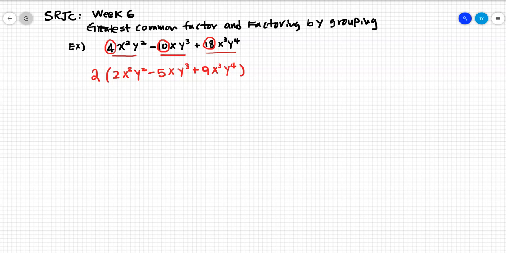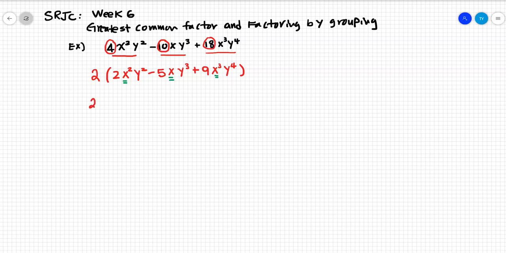Now let's look at the x variable. I have x squared here, then x over here, then x cubed. The largest you can take out is x, right? Because you cannot take out x squared, since the second term only has x. So the x term is going to be x.